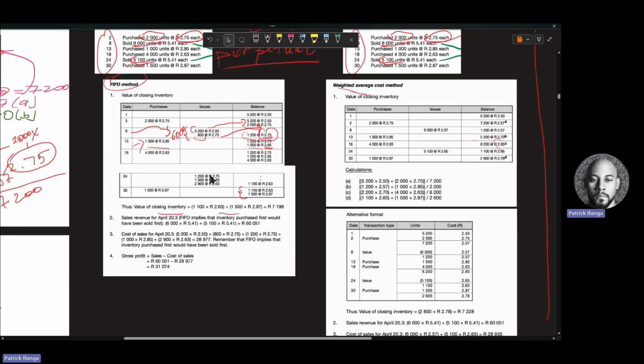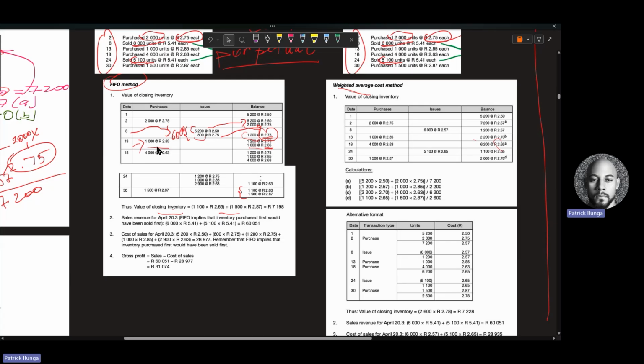So what is going to happen for the 5,100 units? We're going to start with the 1,200 units. That is going to be gone. The 1,000 units that came in on the 13th will be gone too. But that will only account for 2,200 units. We're still left with 2,900 units, and that will come from what came last.